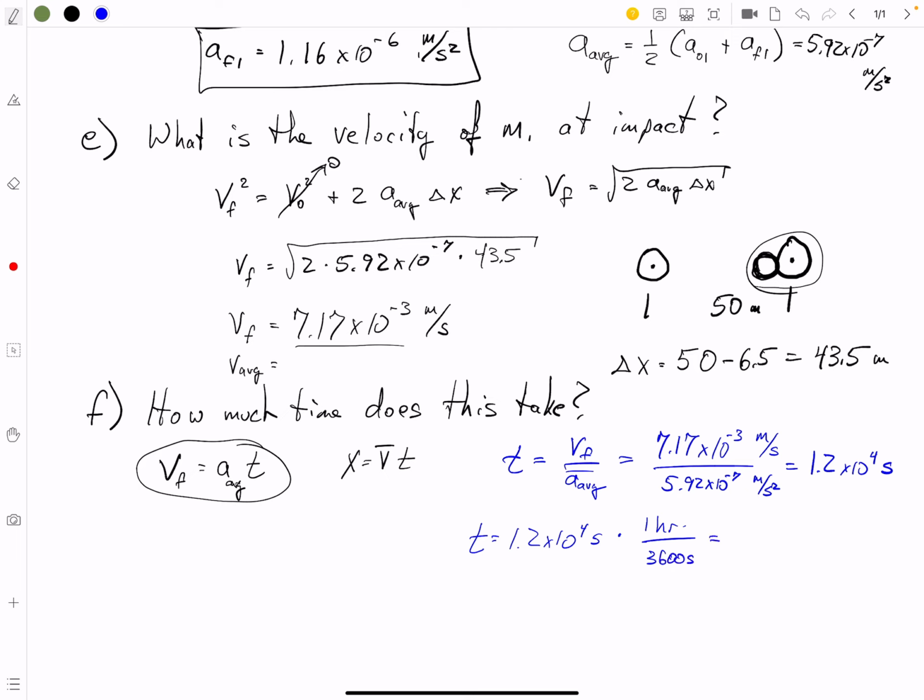So if we do that, we're going to end up with 3.37 hours. So we didn't have to wait long for these two guys to stick together.